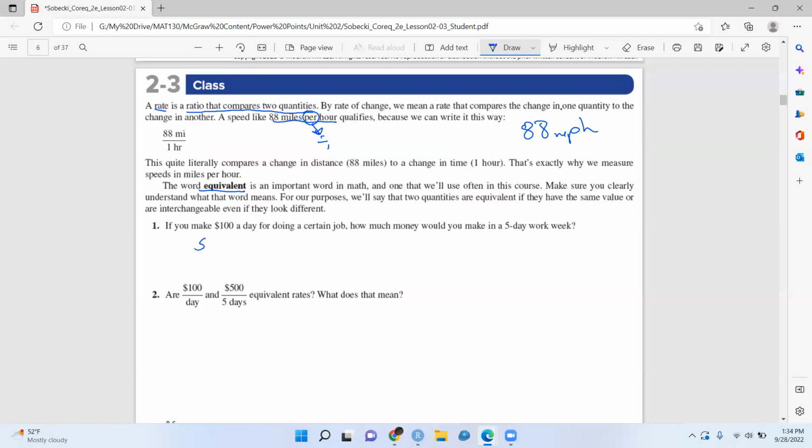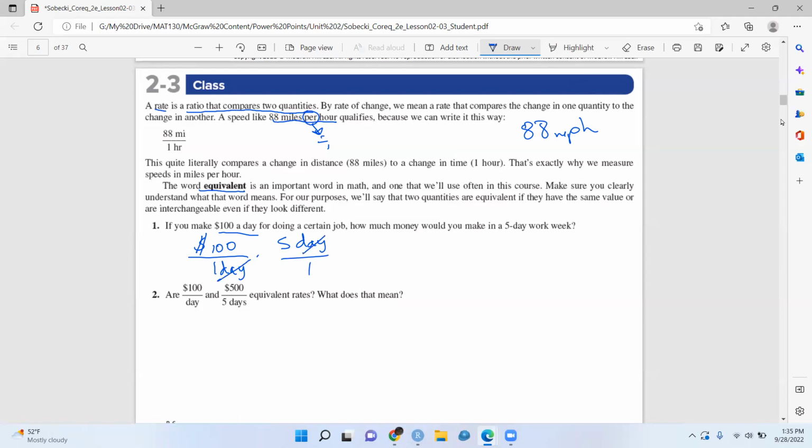Interesting. So if we did this unit wise, the rate we're getting is $100 per 1 day, right? That's the rate that this is talking about. And then nailed it, Jennifer. If we did this for 5 days, now notice me doing this dimensionally. We're going to multiply this rate by this 5 days.